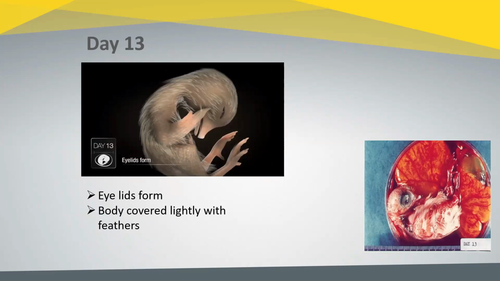You'll also recognize in this picture in the bottom right hand corner with day 13 that the embryo has really grown. The embryo has grown quite a bit just in those last couple of days.